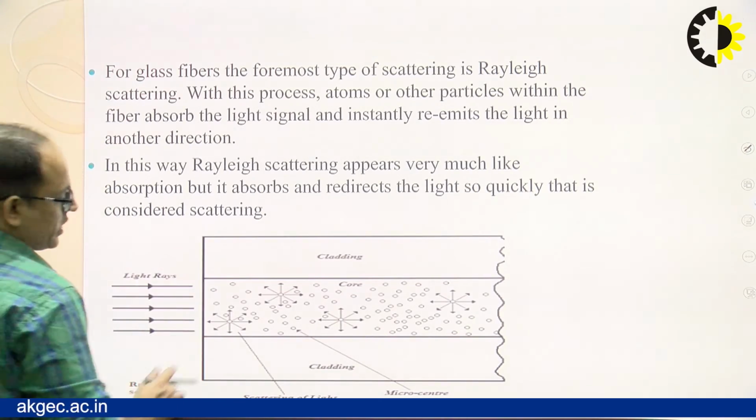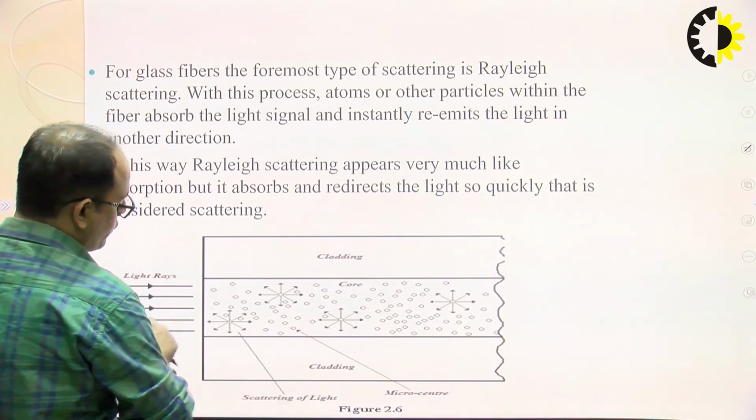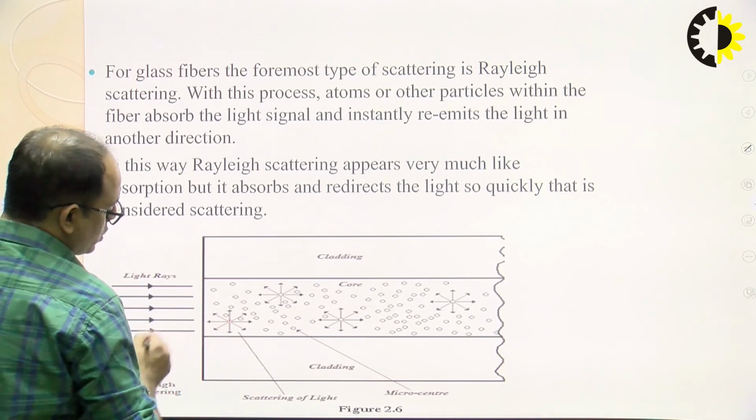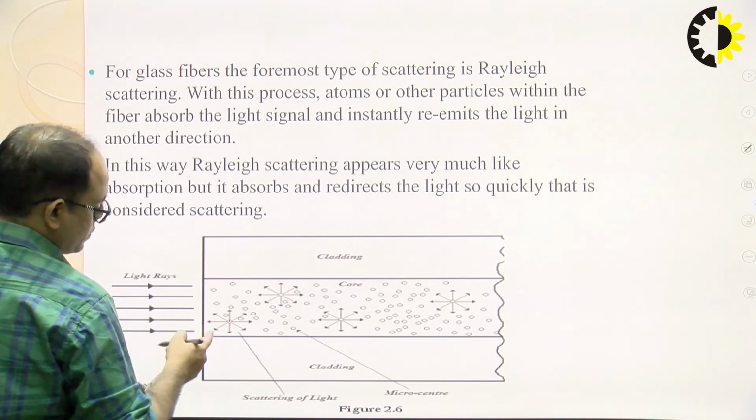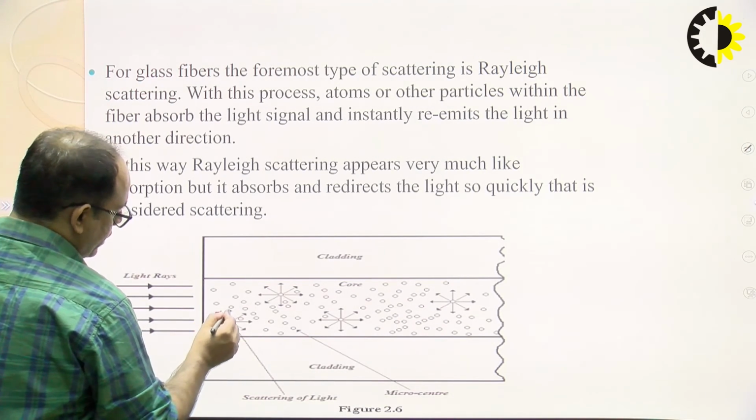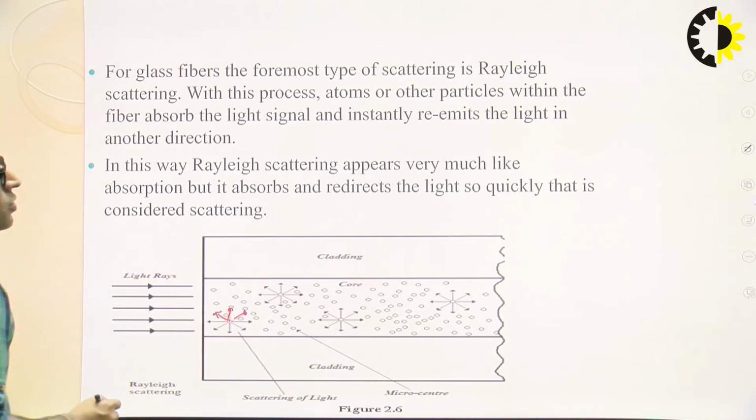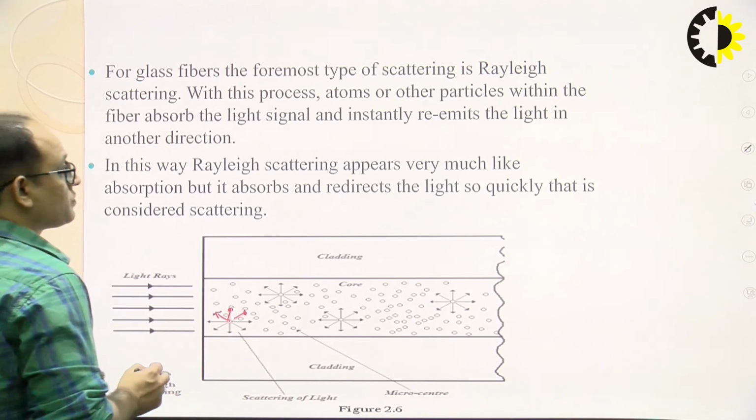So you will see here, this is a small particle, and when light enters and strikes onto these molecules or small particles, the light wave gets scattered in almost all directions, clear.